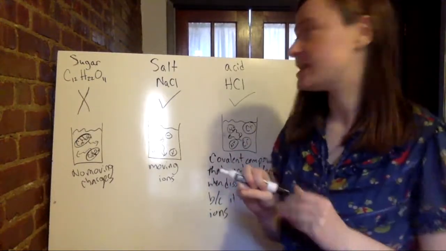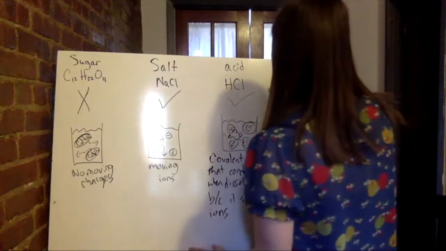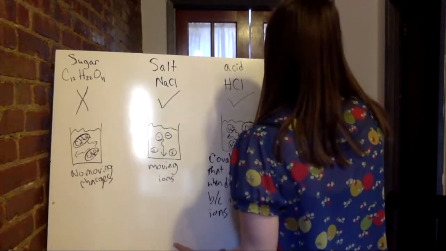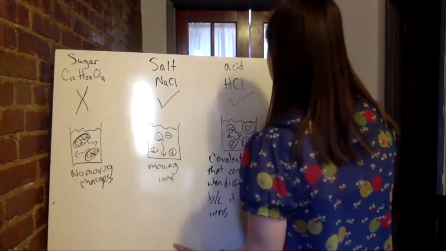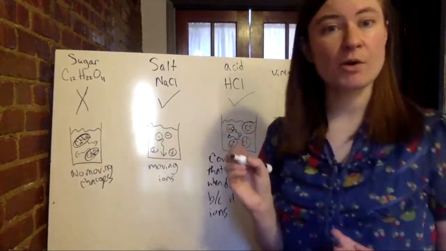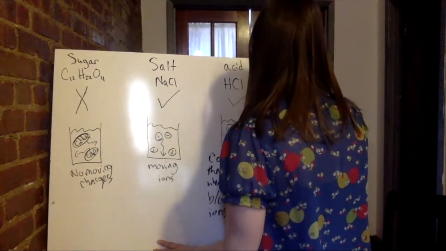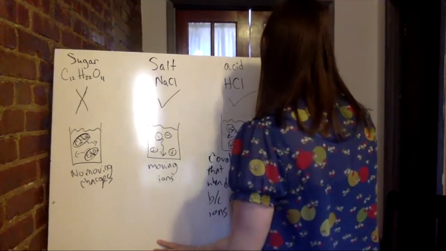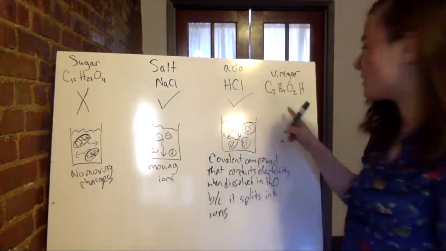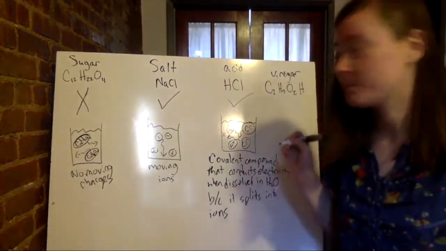Let's look at another example of an acid. So another example of an acid would be vinegar, the main component of which is acetic acid, C2H3O2H, which you can already tell there's something funky going on based on the way we write the chemical formula, right?